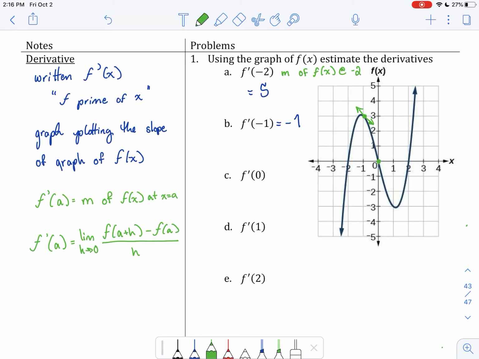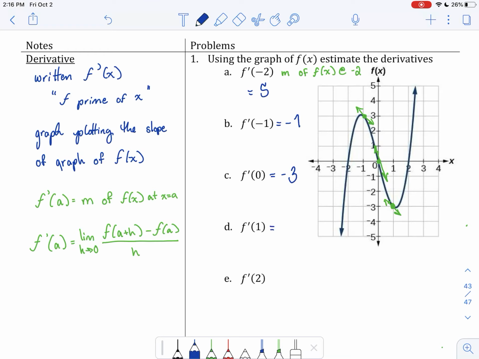At f of 0, we can see that we're still looking at a negative slope, right like that. So I would estimate this slope as -3, though of course if you had -2, -2.5, those are reasonable. Our next slope will be at +1. So f prime of 1, still negative, but less.